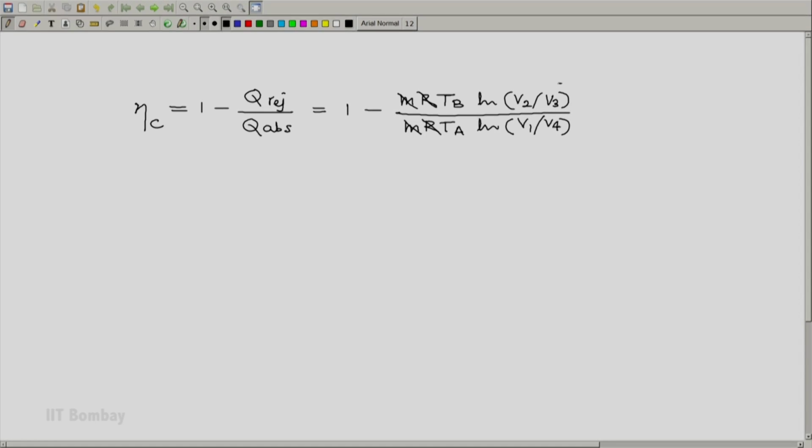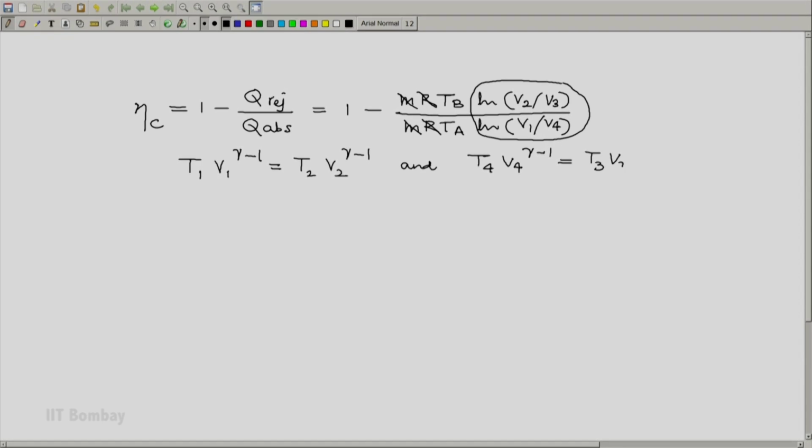Let us see what we can do with this particular term. While analyzing the two adiabatic processes, we have noted that we obtained this expression: T1 V1 raised to gamma minus 1 is T2 V2 raised to gamma minus 1, and T4 V4 raised to gamma minus 1 is T3 V3 raised to gamma minus 1.